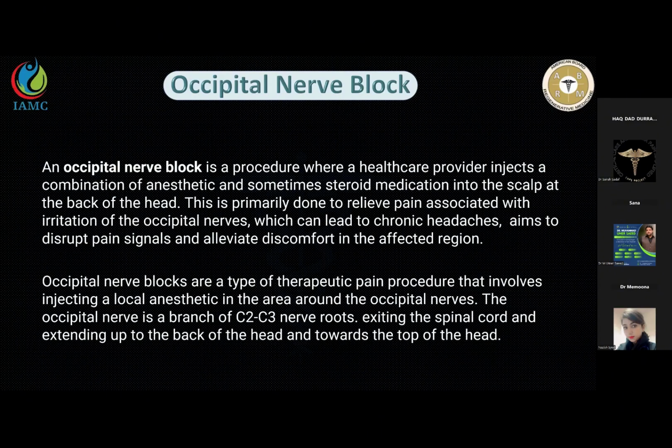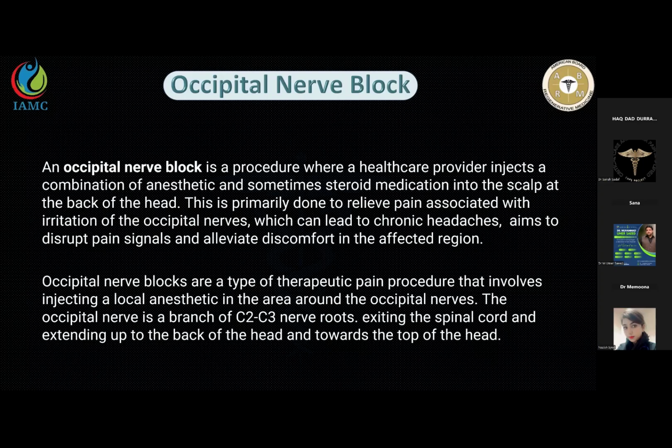The occipital nerve is a branch of the C2 and C3 nerve roots exiting the spinal cord and extending up to the back of the head toward the top of the head. So, if you have symptoms like neck pain, occipital tenderness, scalp tenderness, the block will cover all that. As we discussed before, these are the conditions for which you can give the occipital nerve block.